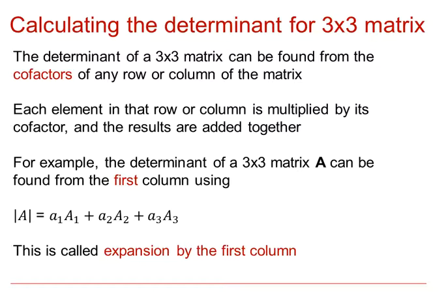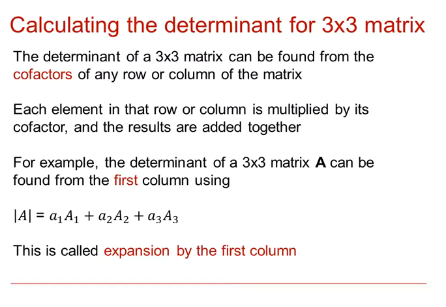For example, the determinant of a 3x3 matrix A can be found from the first column, using det A equals a1 capital A1 plus a2 capital A2 plus a3 capital A3. You will remember that the capitals denote the cofactors, and that the small letters are the elements of the original matrix.